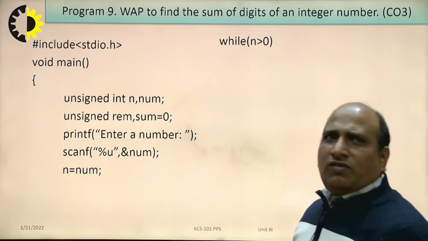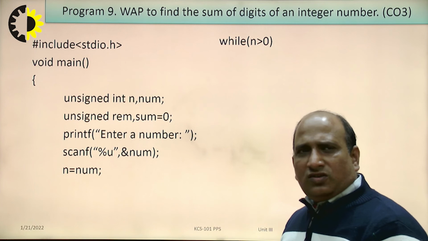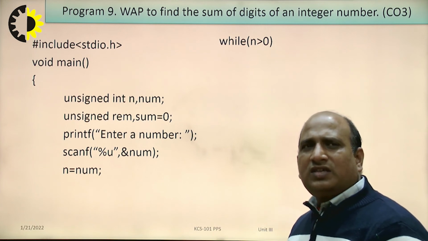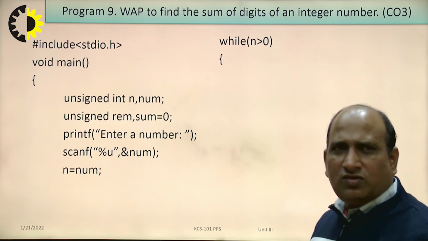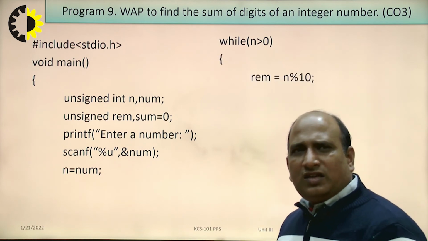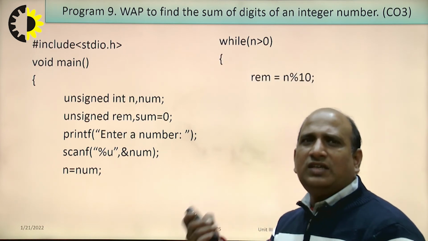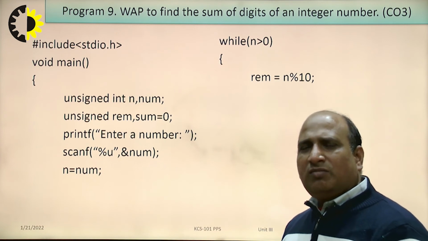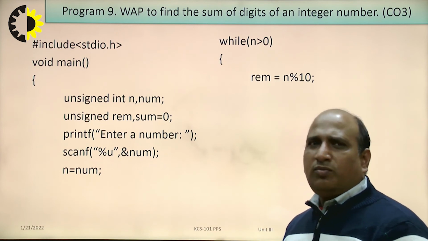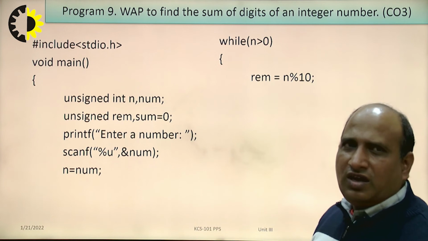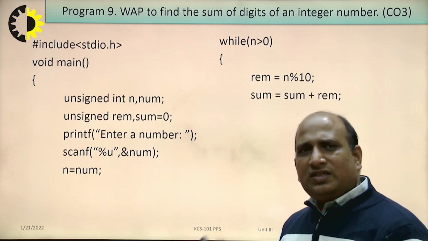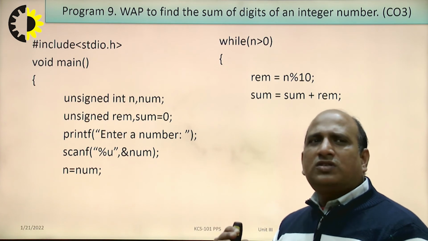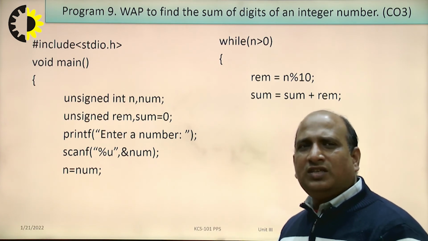While n is greater than 0, the last digit is extracted by n modulus 10 and put into the remainder variable, rem. Now this last digit is added to the sum variable, which is already initialized to 0.